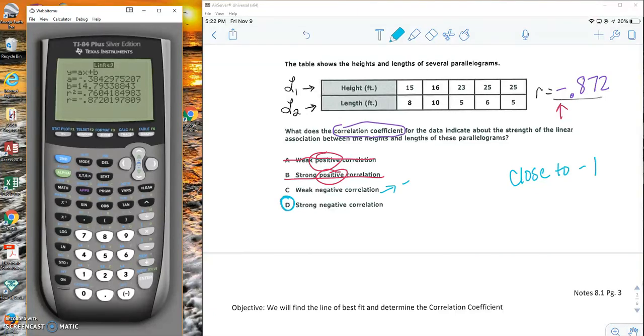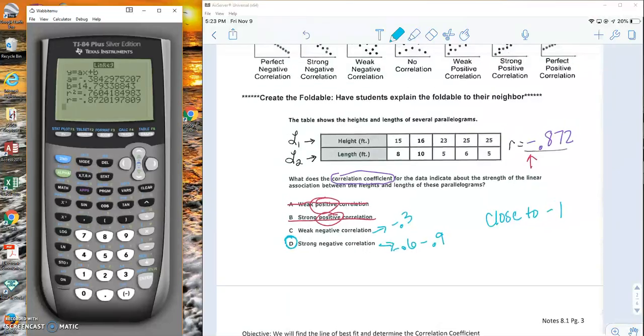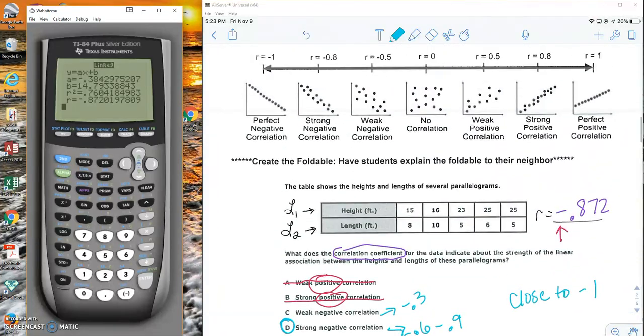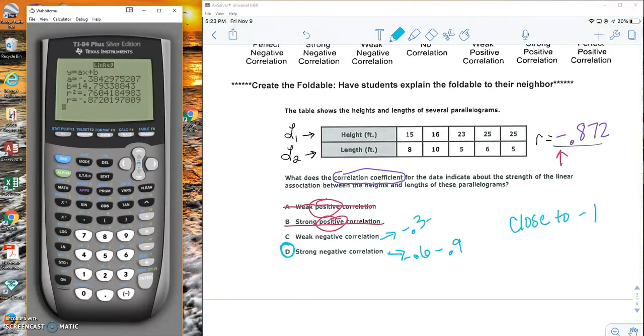Remember, weak negative correlation is like -0.3. Strong is anything from like -0.6 to -0.9. Weak is -0.3 to -0.5. So this is really close to 1. If we rounded that, it'd be like -0.9, which is almost -1.